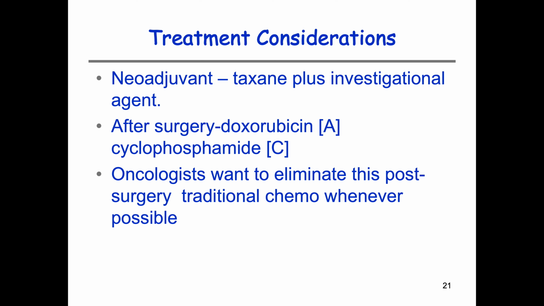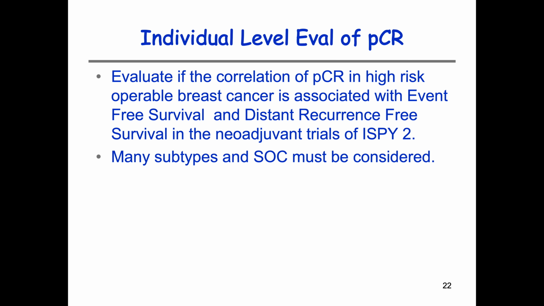After surgery, doxorubicin, which is denoted as A because it was once known as adriamycin, and cyclophosphamide, C. This was the protocol. And the oncologists want to eliminate post-surgery traditional chemo whenever possible, and that is now a goal of I-SPY 2.2. So in the individual evaluation of PCR, they would evaluate if the correlation of PCR in high-risk operable breast cancer is associated with EFS or DRFS in the neoadjuvant trials of I-SPY2.